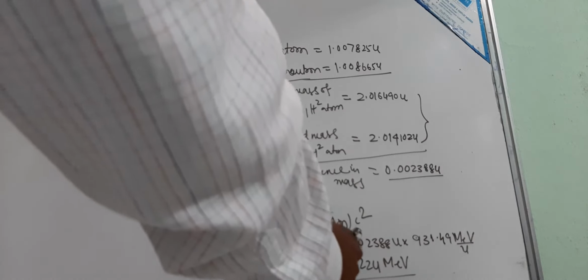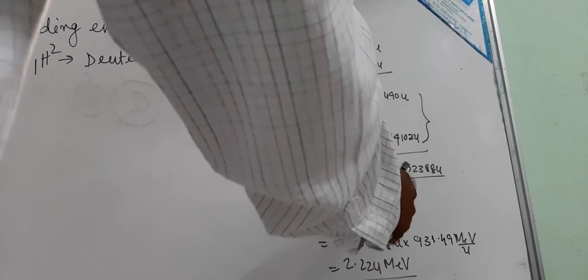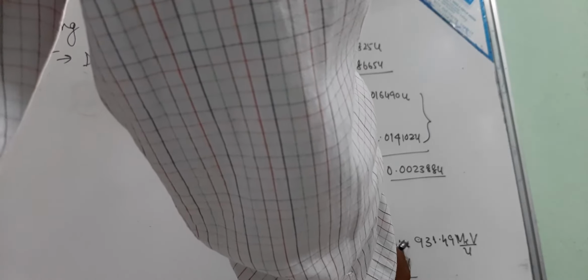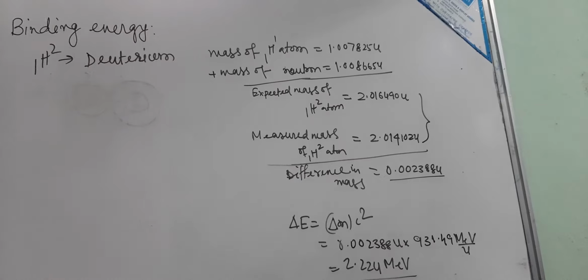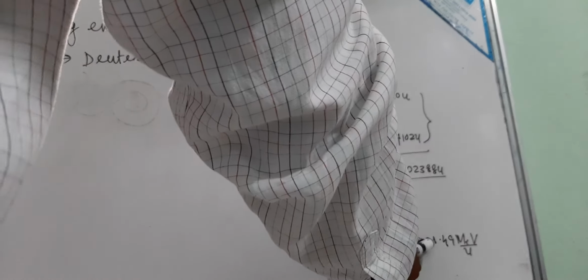So binding energy is related to the mass defect, so this comes out to be 0.002388 unified mass into 931 million electron volt per unified mass. The unified mass gets cancelled, so we get 2.224 million electron volt. This is the binding energy.